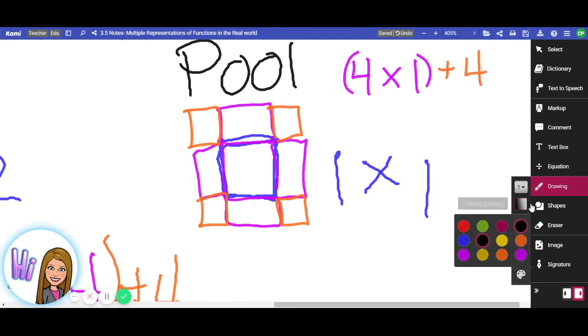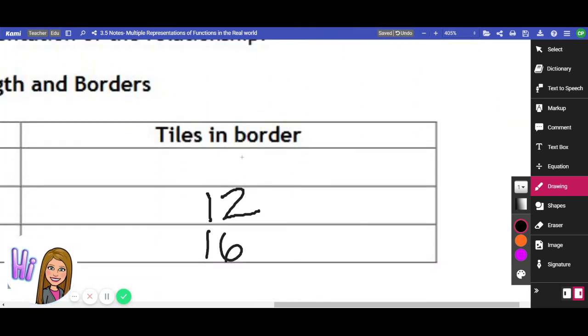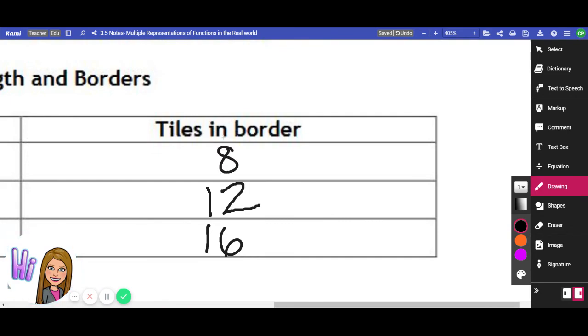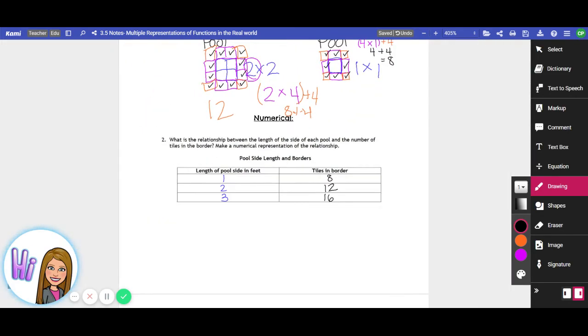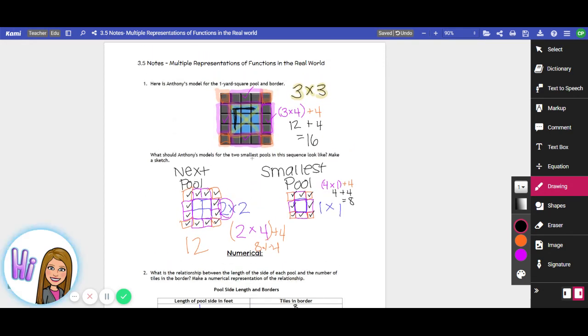And this is going to help us start to see a pattern. So if we've got 4 times 1, that's 4, plus 4 is going to make a total of 8. So is that 1, 2, 3, 4, 5, 6, 7, 8. So down here, we have 8. So while that was a little bit of work, we were able to come up with a numerical representation of that function.